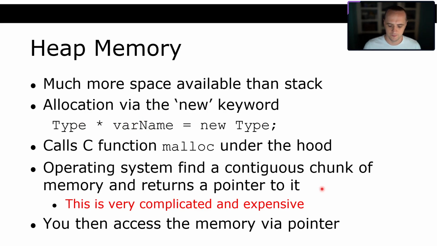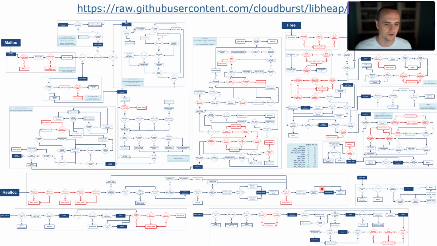And here's just a quick diagram for you. I know you can't read this, but it fits all on one slide. This part of the diagram is the flowchart for the logic of malloc. So every time you use the new keyword in C++ and you allocate memory on the heap, this whole process has to happen, okay?